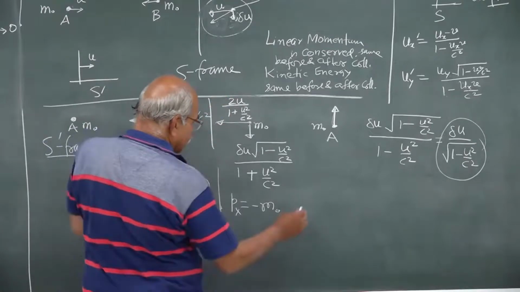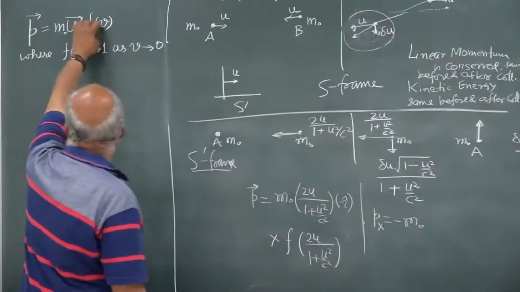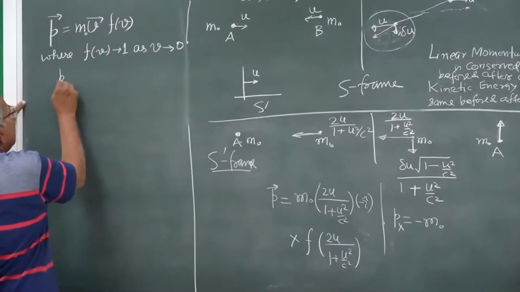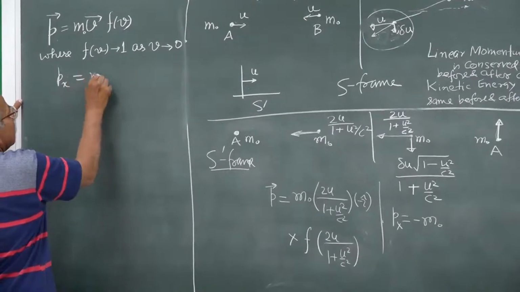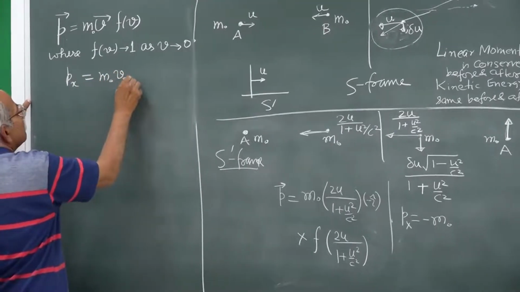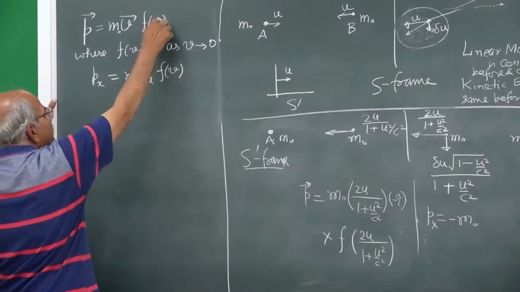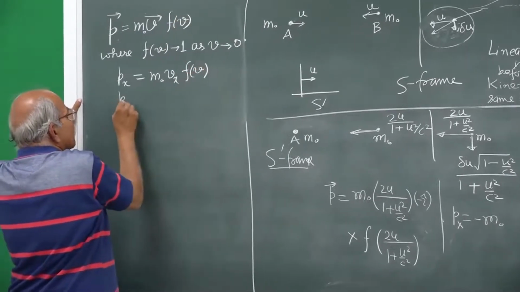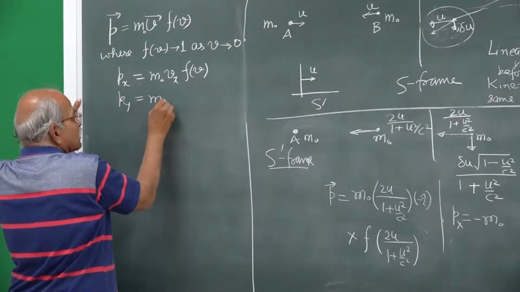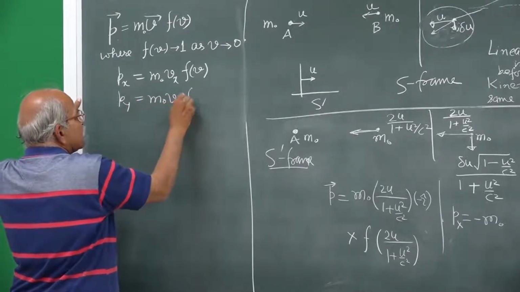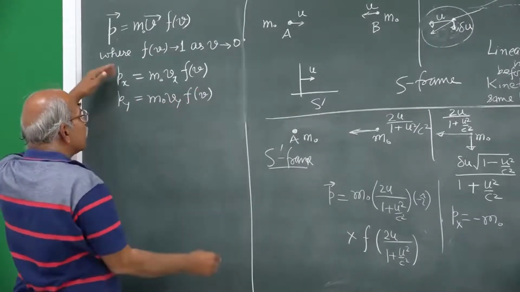So, if you write x component p x, that will be m naught into v x component, and function of v, this is a speed, remember this is a speed. So, it remains the same, p y is m naught v y then f of v, it is like this.